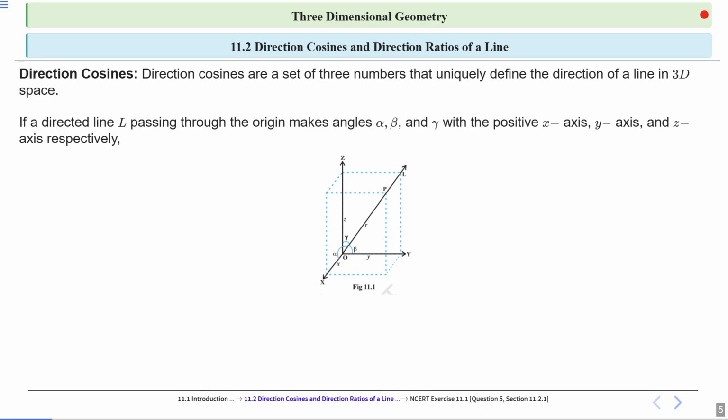So now imagine we have a line which we will call L that passes through the origin, and this line makes three different angles with the positive x-axis, y-axis and z-axis. We call these angles alpha, beta and gamma.